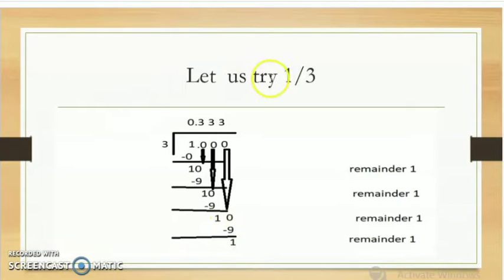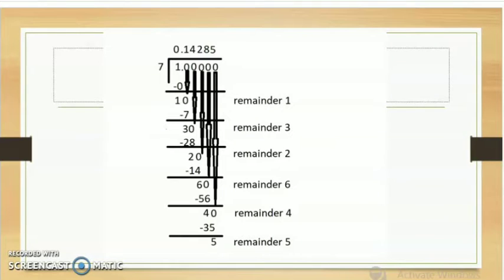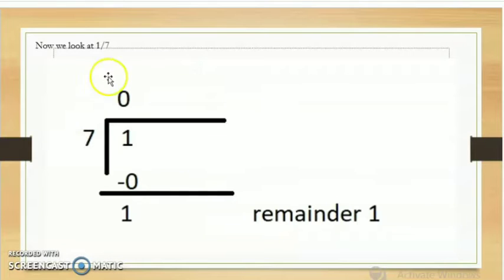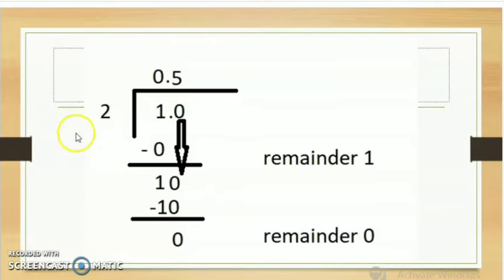For these rational numbers p by q, in the first two examples, for 1 by 2 we saw that our remainder becomes 0 and we get the decimal expansion 0.5. So the digits stop after the decimal point.